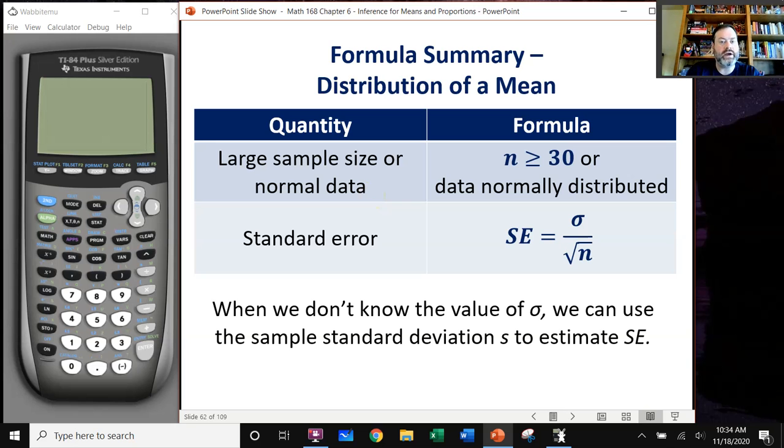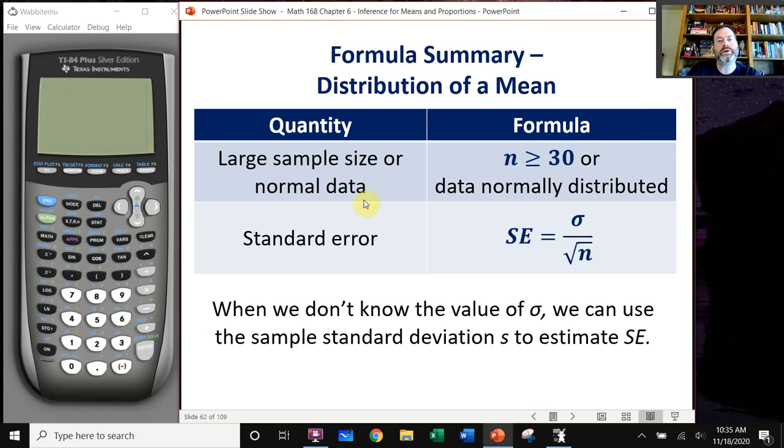So what's really going on here is that the rules governing when we can use these formulas depend on the populations being normally distributed. But we don't know anything about these populations. Even if we know the mean and standard deviation, we don't know if the populations are normally distributed. There are ways of testing it, but we don't cover it in this class. So what we do instead is we just look at the data.